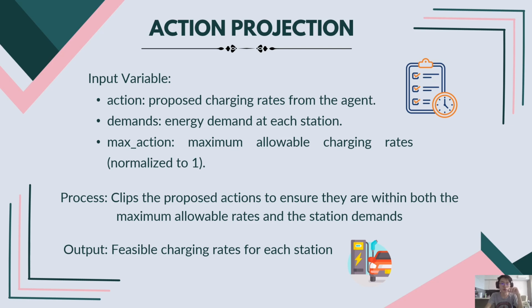The process will clip the proposed actions to ensure they are within allowable rates and station demands. The station means the EV charging station, and the output will be the feasible charging rate for each station. The functions and variables we refer to come from the EV environment in SustainGym.